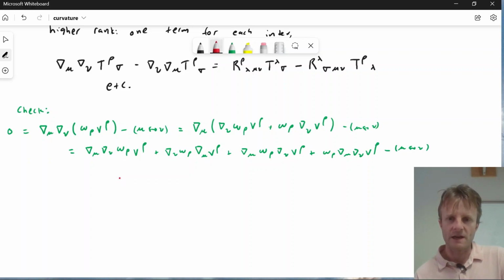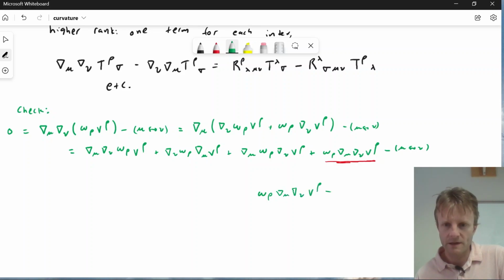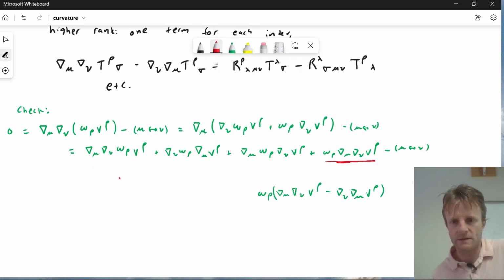So let me write that in red. Yep, that's going to happen too. So let me first write this out. This red thing is going to become omega rho del mu del nu v rho minus del nu del mu v rho. That's the red thing when I include the minus mu goes to nu.